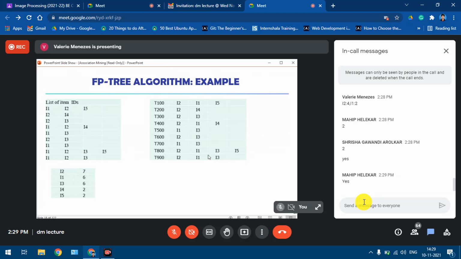So you get the same value. For I1, I3, you can just count: I1, I3 once, twice, thrice, and four. So 4 times it occurs together in this transaction list. So you will get the same answers. Is this clear, students?